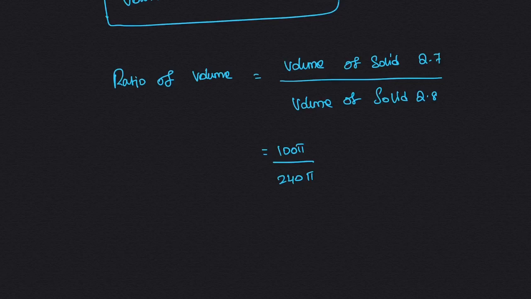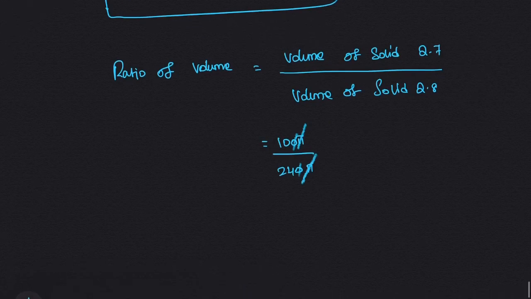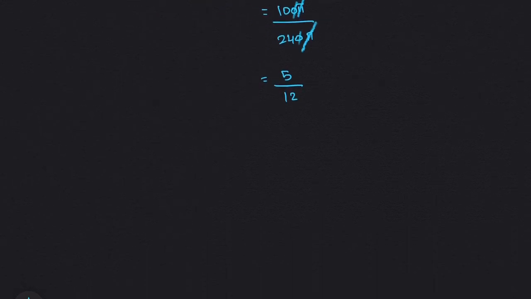For this reason only I am not using the pi value as 3.14 or 22/7. So just directly cancelling, then the zero also, 10 divided by 24. So common term is 2, so the value is 5 divided by 12. So the ratio of volume is 5:12.